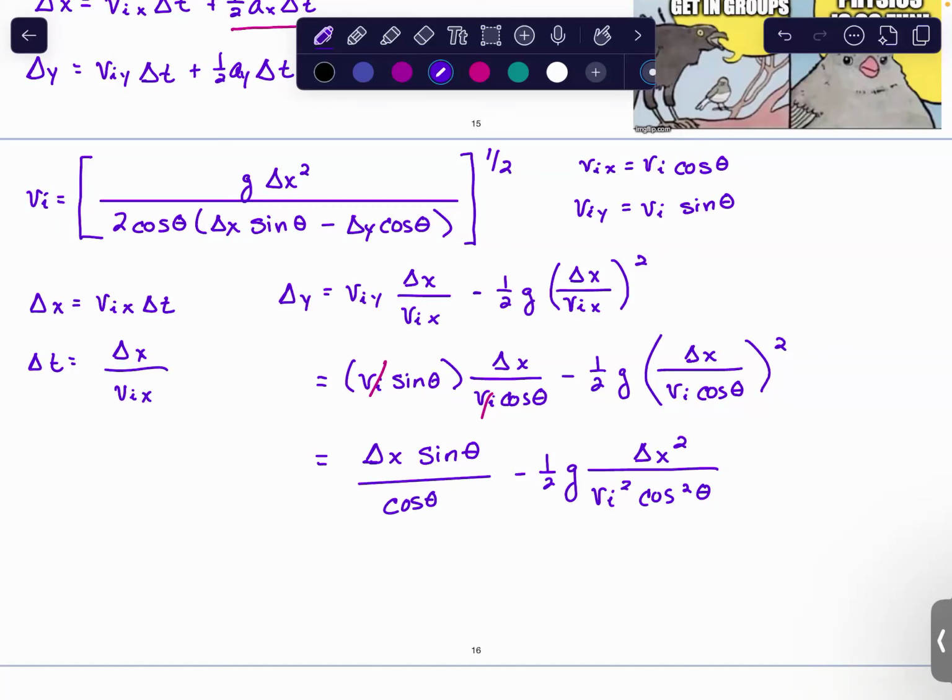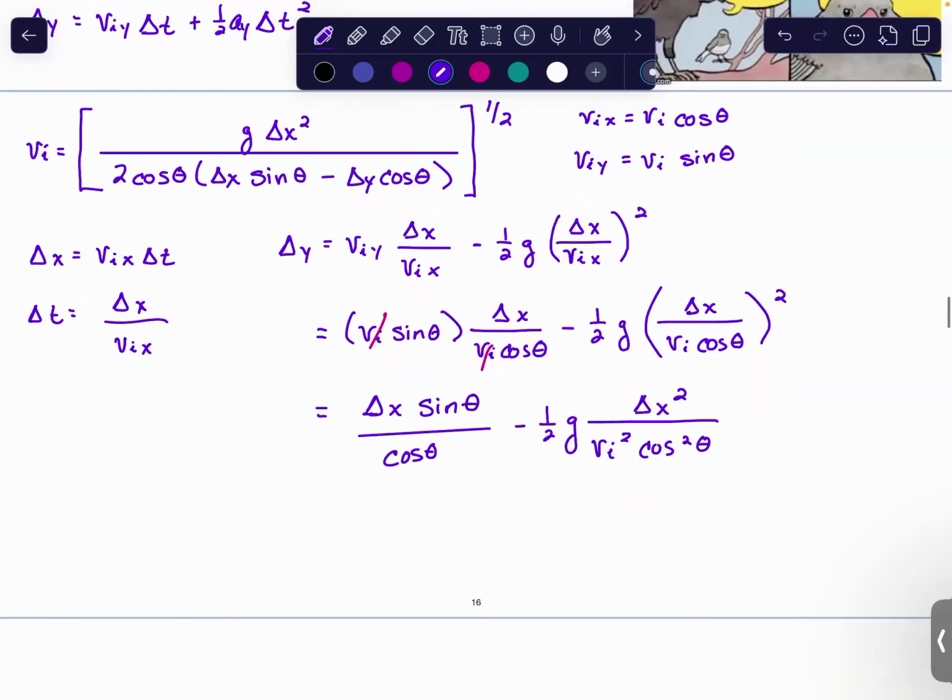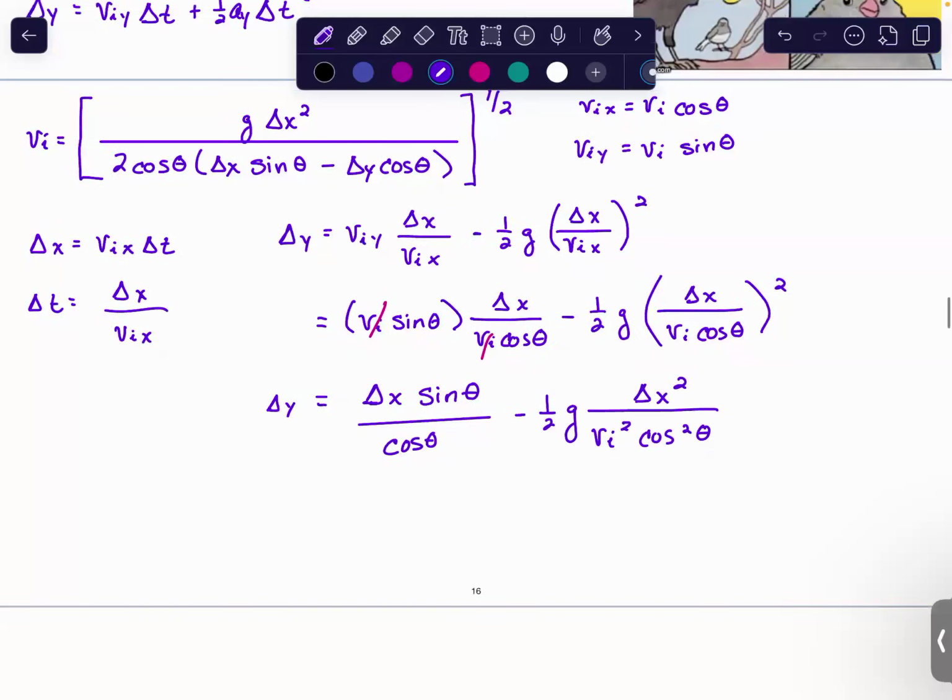Do you remember how squaring works? How do we do it? Remembering how fractions work? Okay, so let's start trying to separate some variables here. So this whole side is delta y.